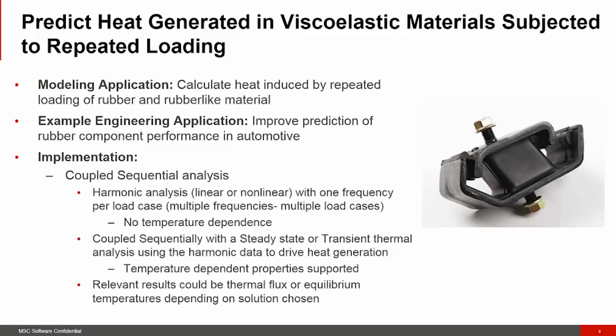As far as the modeling application, these rubber materials and the viscoelastic types of materials are mainly used as shock absorbers or dampers to minimize the vibrational effects in vehicles. During cyclic loading of these viscoelastic bodies, we see the mechanical energy that is released in the form of heat, and later on the resulting heat creates a temperature increase and changes in the material properties.